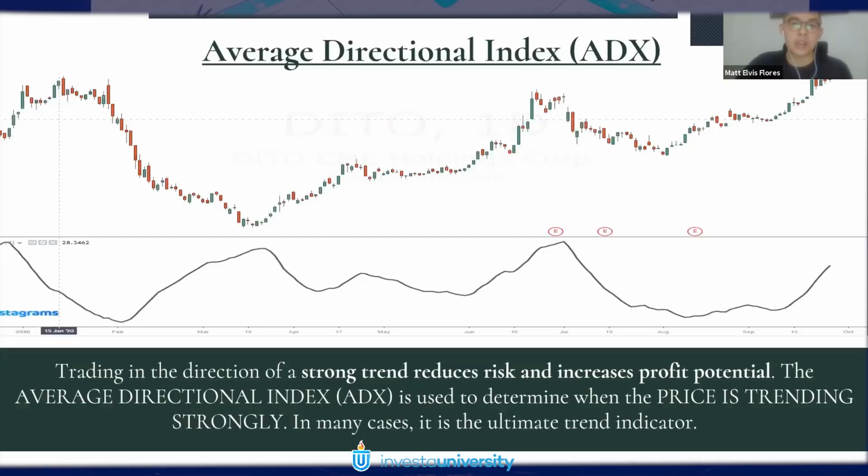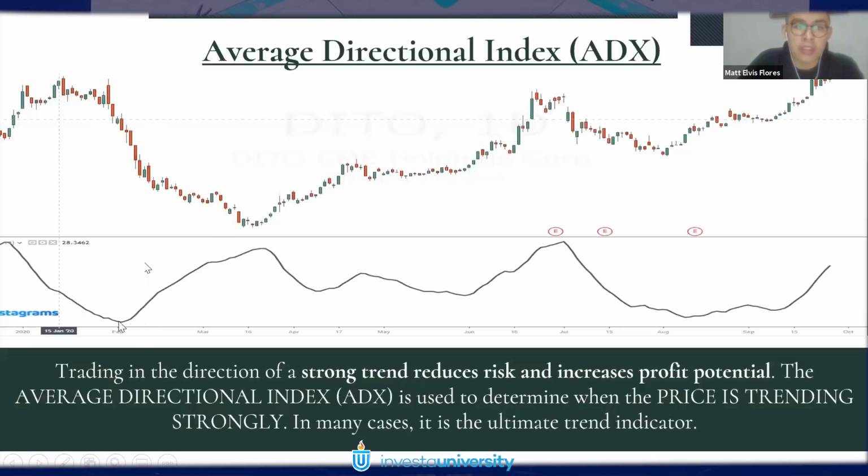Let's say, for example, in this graph, as you can see, your ADX is starting to move up.